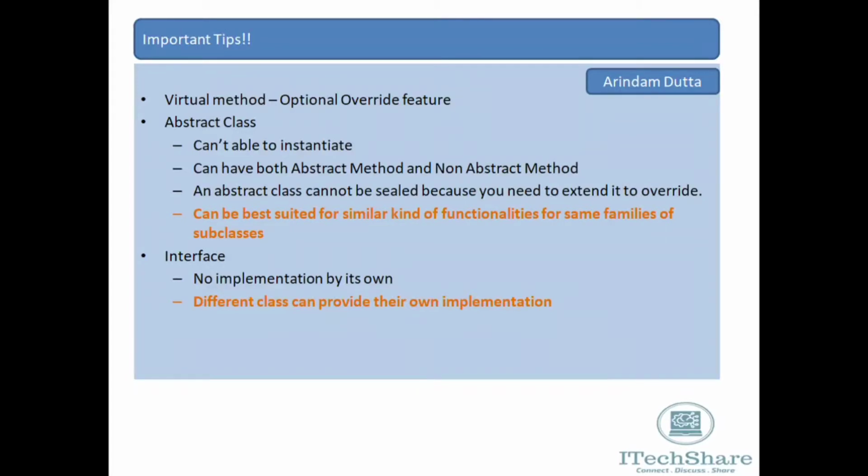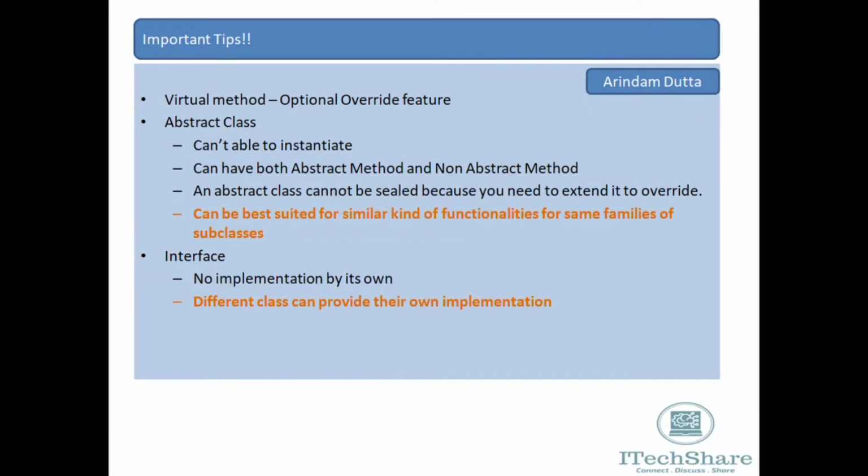Okay, so then our last item was interface. An interface, as you know, is just a contract, and so it's not having any implementation. So the derived class has to provide that implementation. And when can you use that? I would say if you have different families of subclasses, because here you don't have any implementation in your base, right?